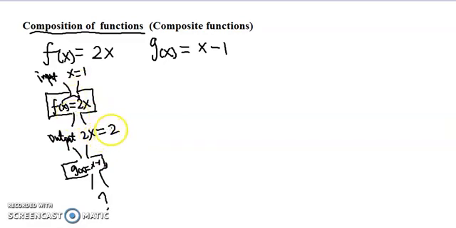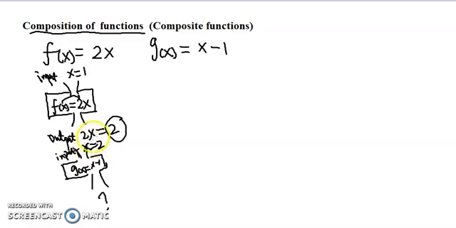Then we take 2. We're not going to use 1 anymore, so we use the 2 that comes out of machine f of x, and we put 2 into the second function. The input of the second function is going to be x equal to 2.